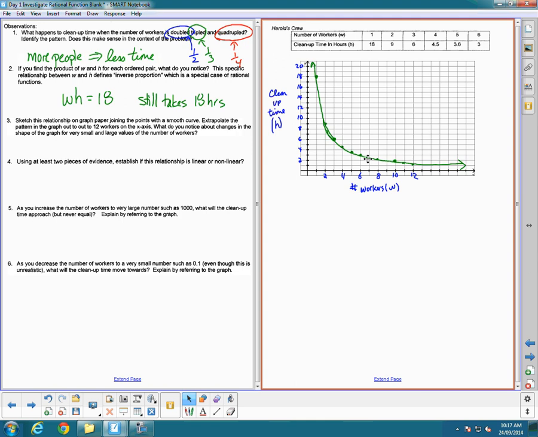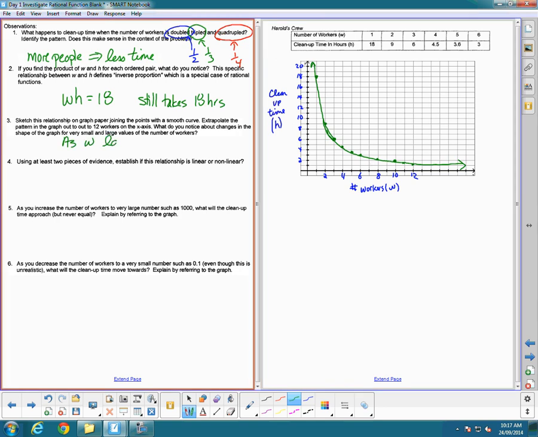In number 3, it says, what do you notice about the changes in the shape of the graph for very, very small and very, very large numbers of workers? Well, I think it makes sense that as W gets larger and larger, what does the graph do? Well, as the number of workers gets bigger and bigger, this graph gets closer and closer to 0.